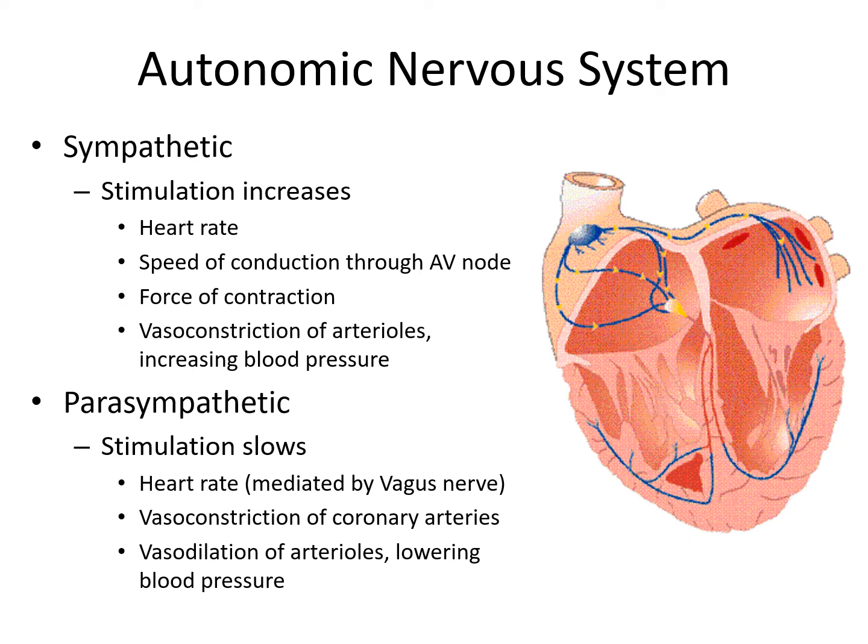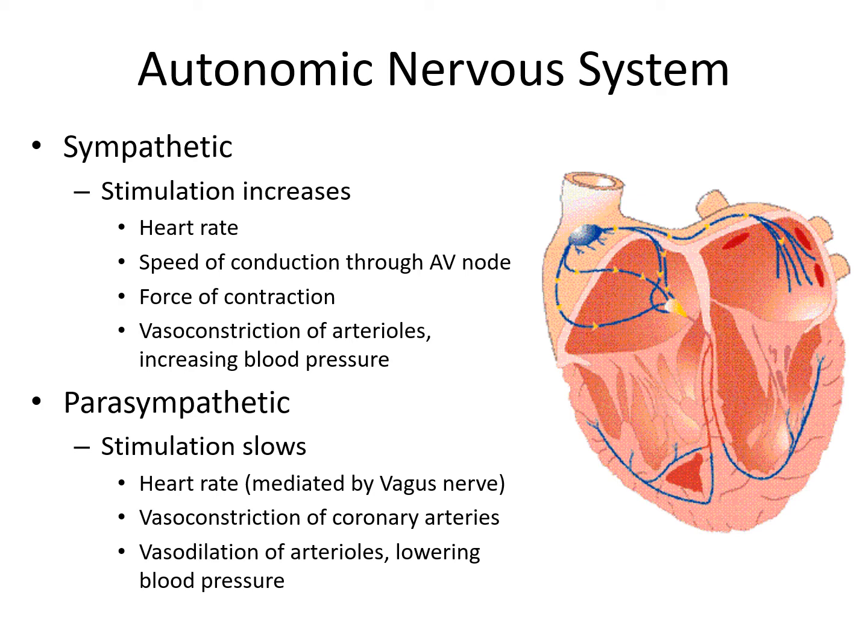Stimulation of the sympathetic nervous system exerts a major effect on peripheral resistance by causing vasoconstriction of the arterioles, thereby increasing blood pressure. The parasympathetic stimulation causes vasodilation of the arterioles, thereby lowering blood pressure.